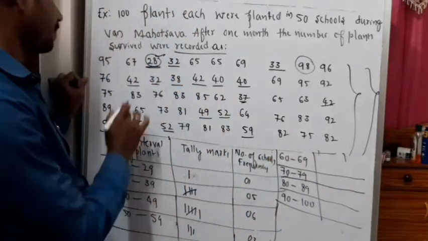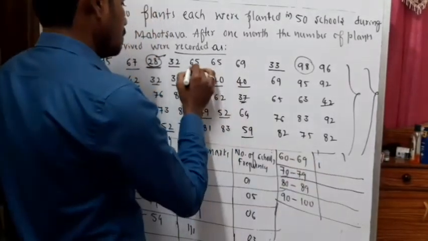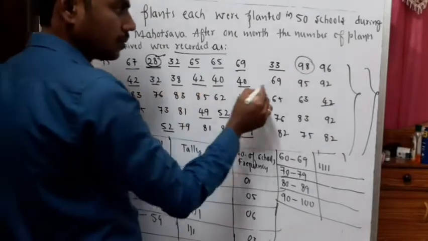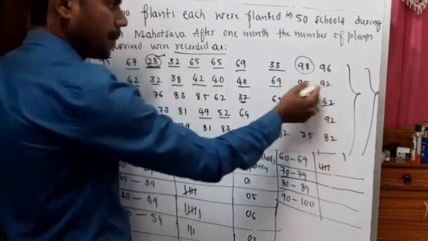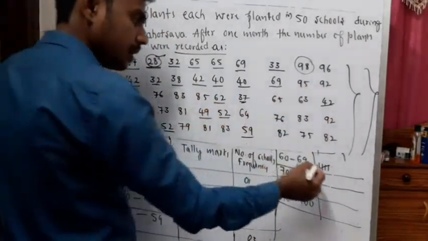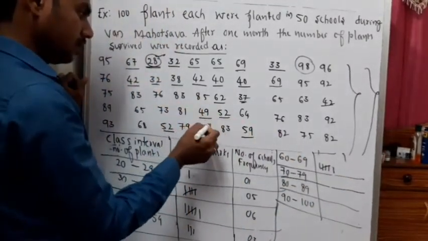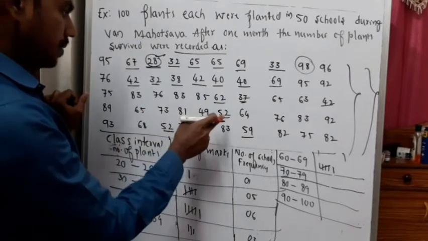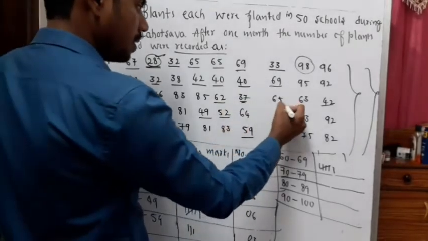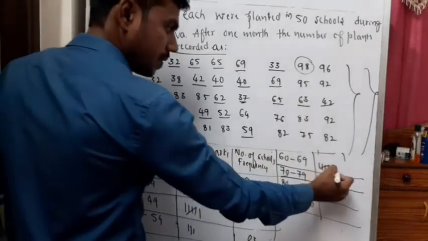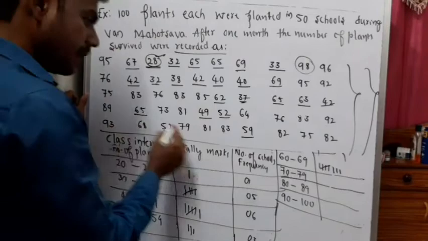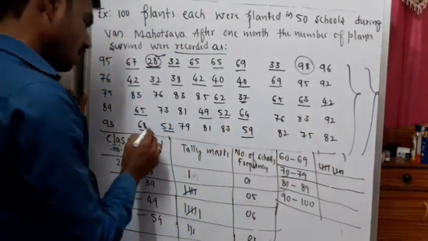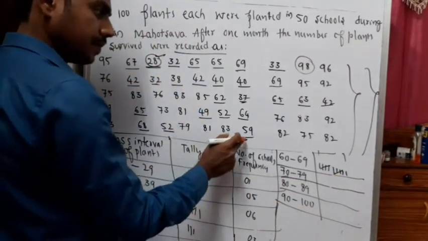Next 60 to 69. How many are there? 1, 2, 3, 4, 5, 6, 7, 8, 9, 10, 11. 11 are there.